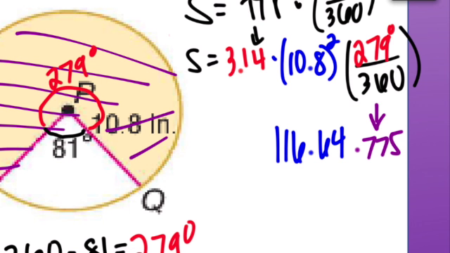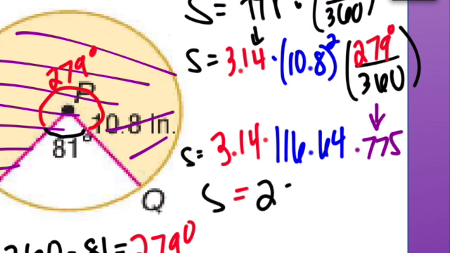And then we're just going to bring down the 3.14. So multiplying that all together, I get S is equal to 283.84. Looks like it's inches squared.